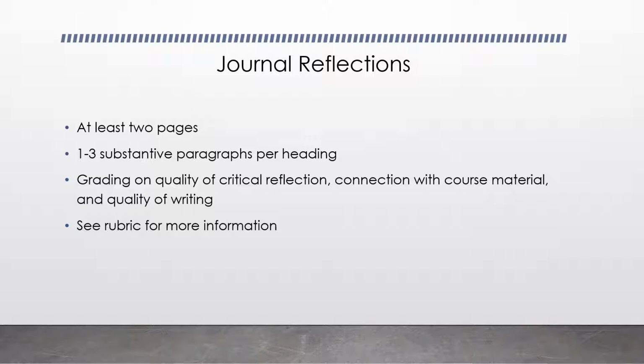They should address the questions that are given in the rubric in order for you to show your critical reflection skills. So even if you answer the 7, if you really only describe what's in the course materials, what was in the classes, things like that, that won't get you full points.